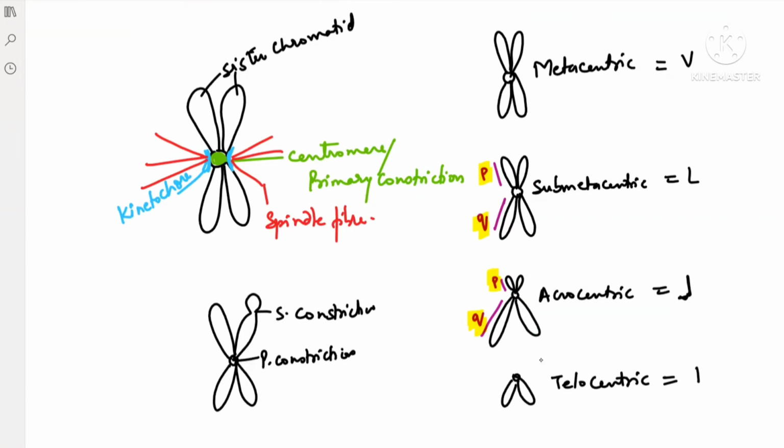Because of this secondary constriction, you find this structure, which is known as the satellite. Because of this, the chromosome is known as a SAT chromosome. So please, again, one question: is the secondary constriction known as satellite? The secondary constriction produces the satellite. It is not known as satellite, please.